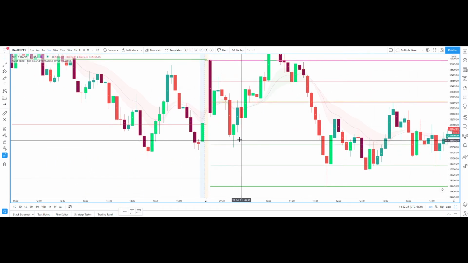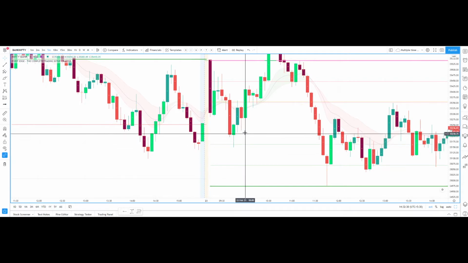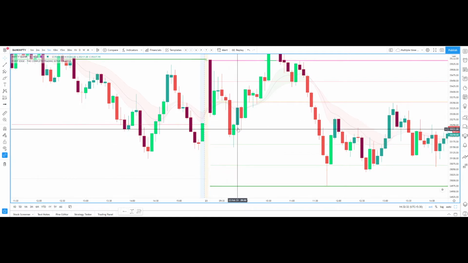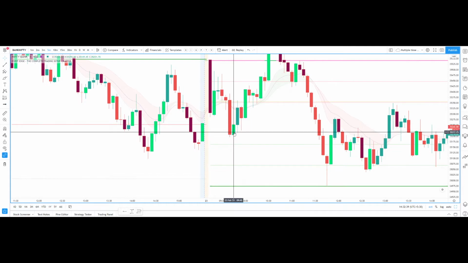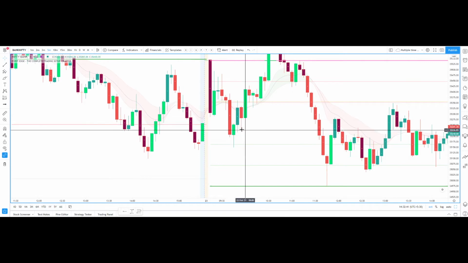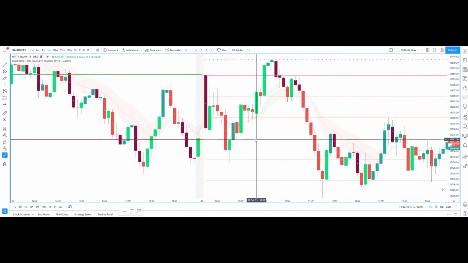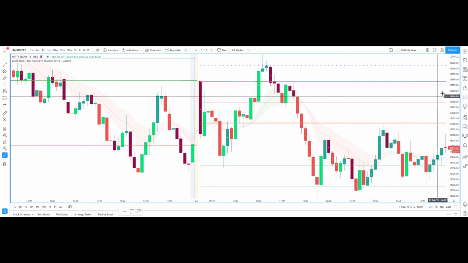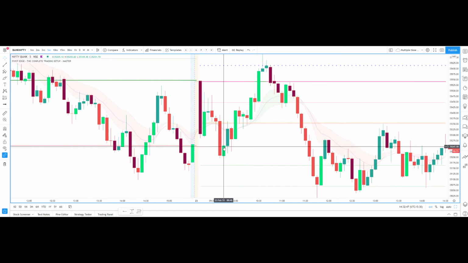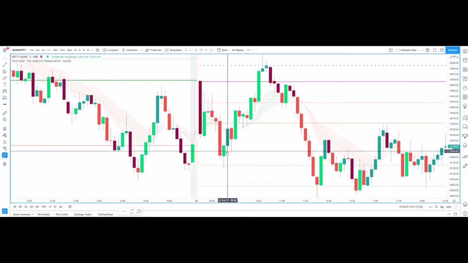See, exactly from our level it has taken support, and this is the trigger that you have received for a buy. This is a mint green color, or you can say lime green color, color coded indicator which gives you buy and sell triggers, and also you get the alerts. So here we have got this trigger at 9:45 for Bank Nifty.